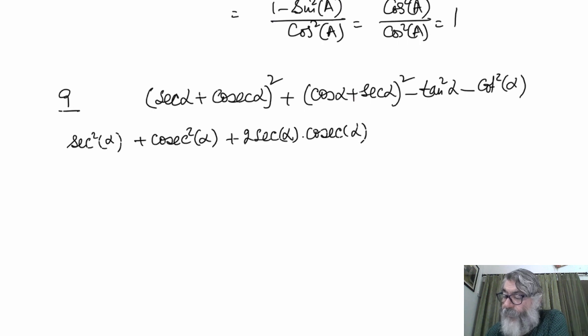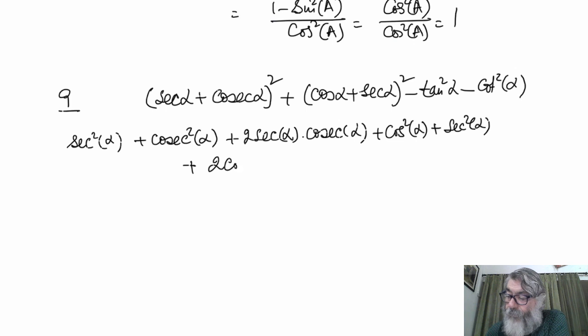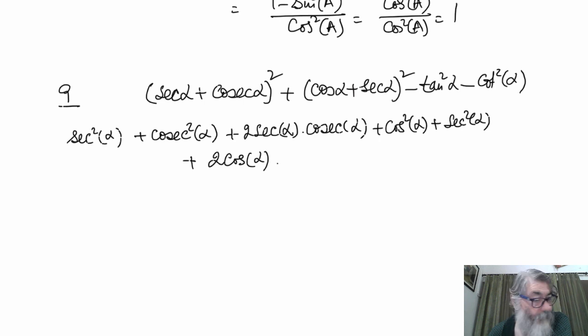Now open cos alpha plus sec alpha whole square: cos square alpha plus sec square alpha plus 2 cos alpha and sec alpha.